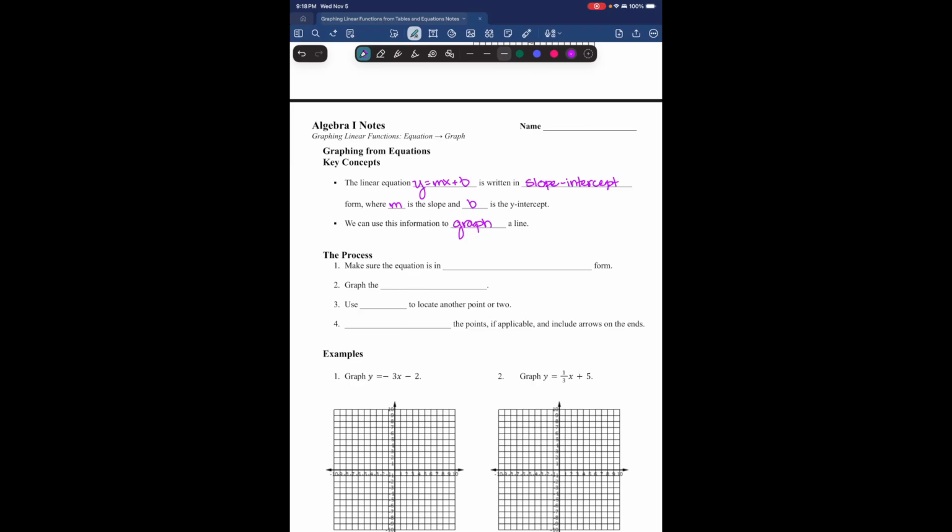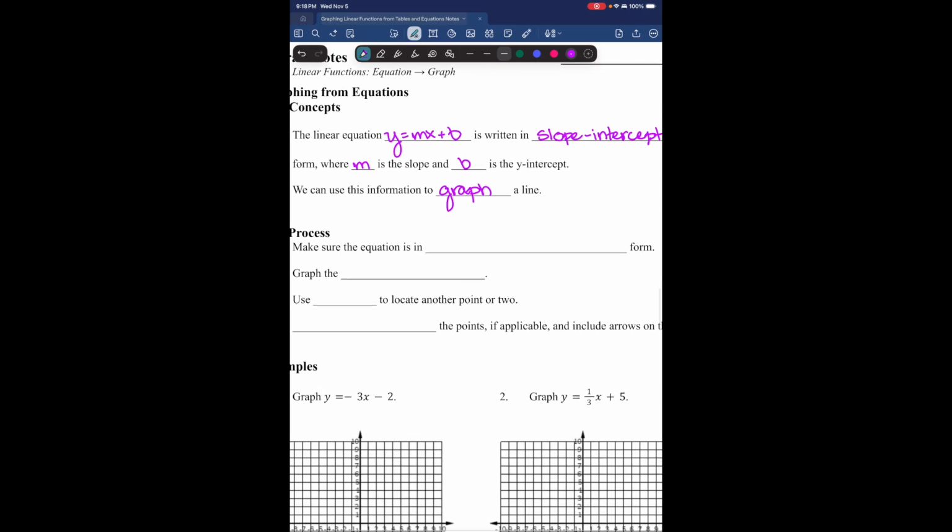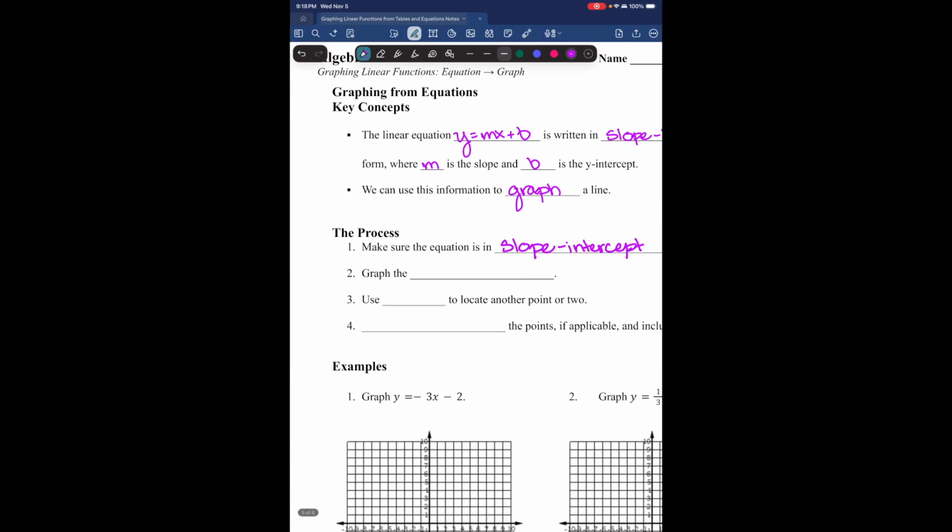You want to make sure the equation is in slope-intercept form. Then you want to graph the y-intercept.